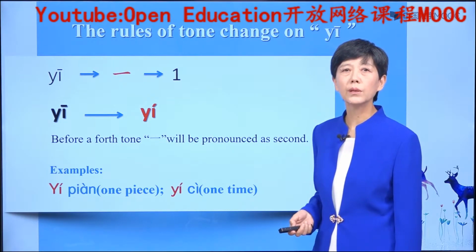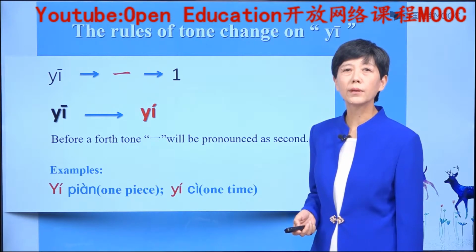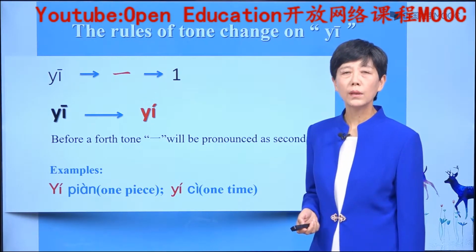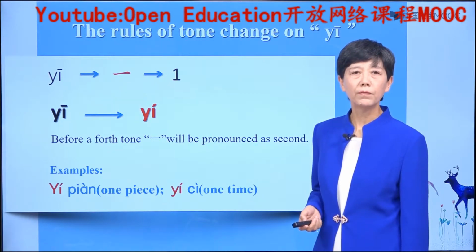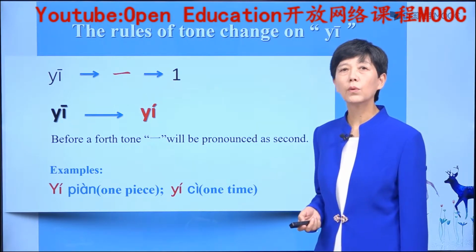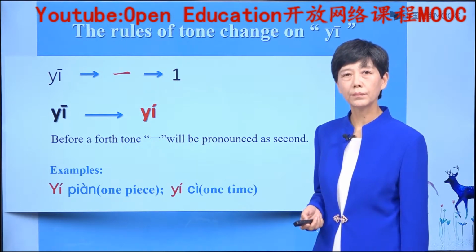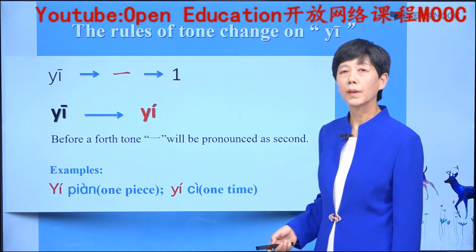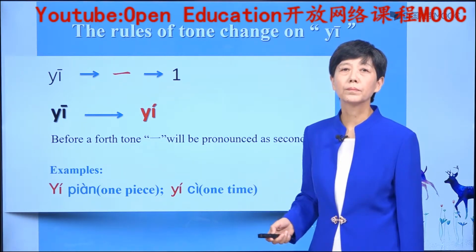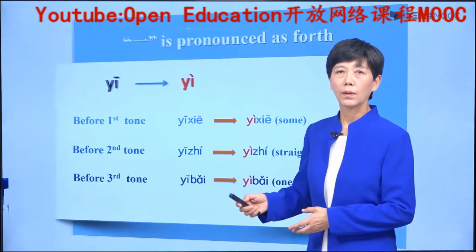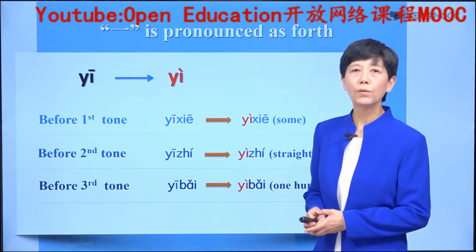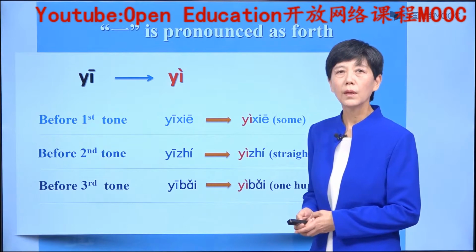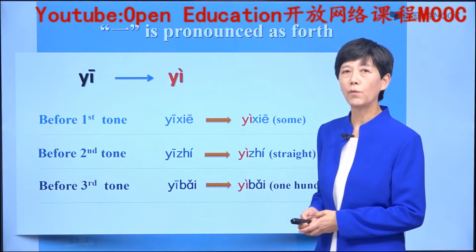There are things we need to let you know about the tone change on 一. First, when 一 is used before a fourth tone, 一 will be pronounced as second. For example, 一片，一次. When we use 一 before a first, second, or third tone, 一 will be pronounced as fourth.